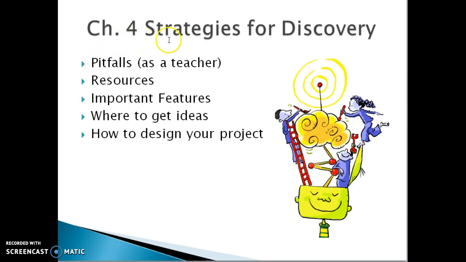The next chapter, chapter 4, was Strategies for Discovery. In a nutshell, this chapter was about the actual strategies, how you're making them, what to look for, and that sort of thing. When you're creating that lesson plan, that project, how are you actually going to do that?